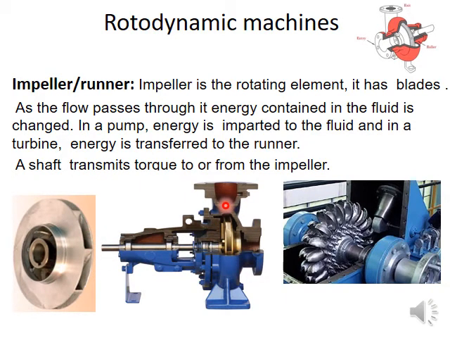You can see water enters from here and is delivered through this, which comes out from the periphery of the impeller, is collected and pushed through this delivery of the pump. The delivery flange is here, connected to a pipe. And here is an impeller or runner of a turbine, a Pelton wheel turbine.